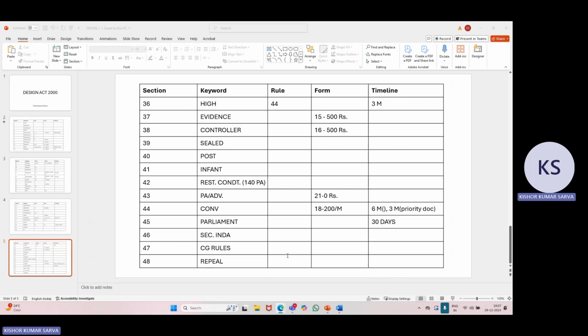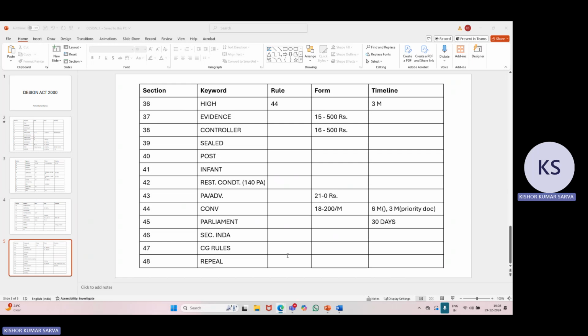Section number 37 talks about the evidence. Evidence is taken in 3 ways. Remember, orally, affidavit, or cross examination, similar to section number 79 of Patent Act. Now, section number 38 talks about if you want certified copies from the controller, then you will have to file form number 15 with the cost of 500 rupees.